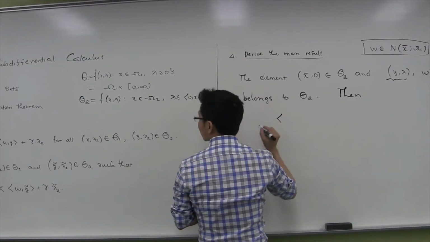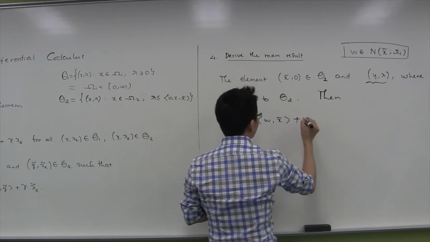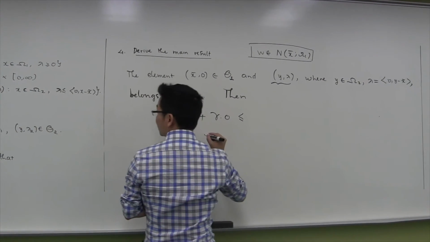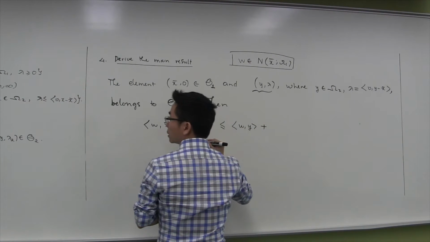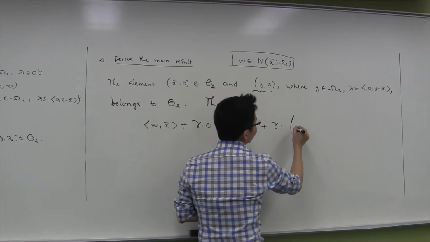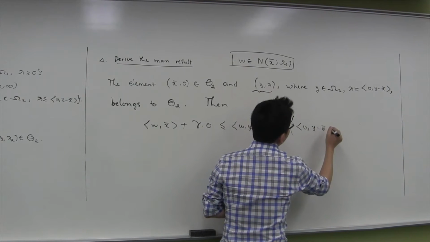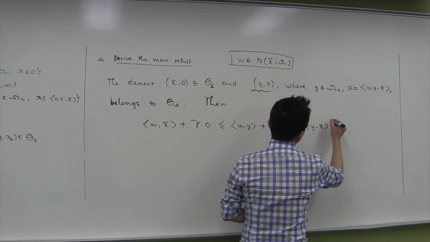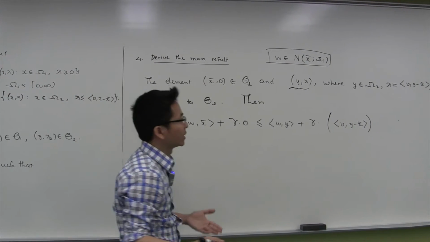The inner product of W and x bar plus gamma times 0 is less than or equal to the inner product of W and y plus gamma times this element, the inner product of v and y minus x bar. And this is true for all y in omega 2.